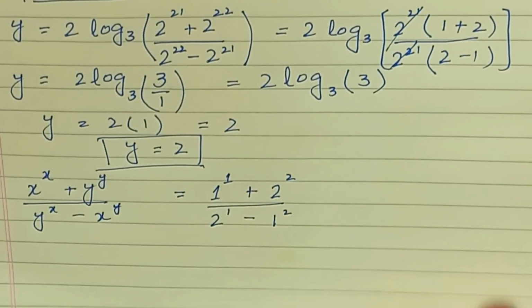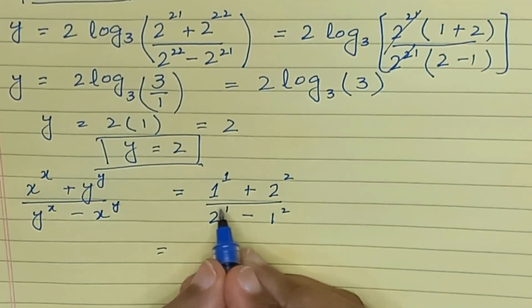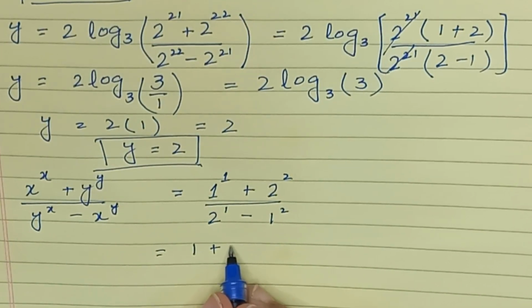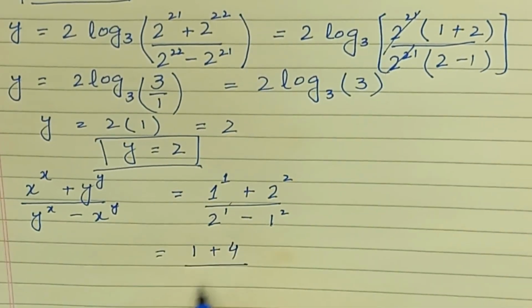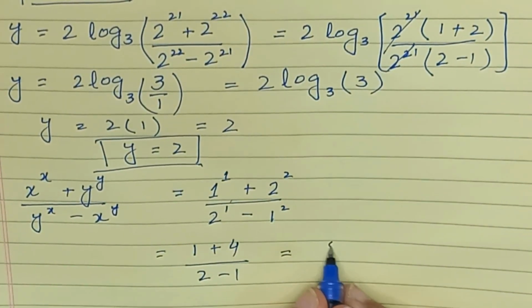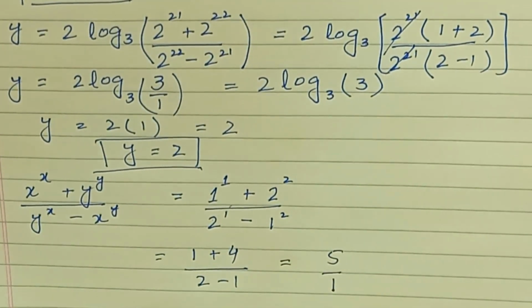So it will be equal to 1 raised to the power 1 is 1, 2 raised to the power 2 is 4, divided by 2 raised to the power 1, 2 minus 1. It will be equal to 5 divided by 1.